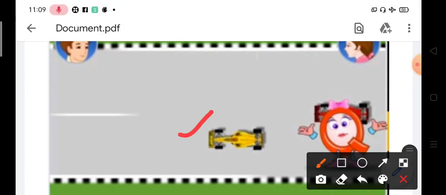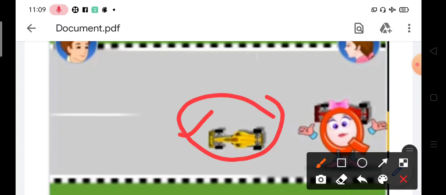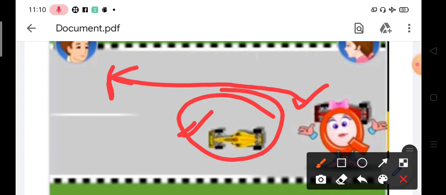This car is moving, which means this car is in a state of motion. It has changed its position. If this car over here is stationary, I say that this car is at rest, and the car at the back is moving and comes forward, then what will happen?